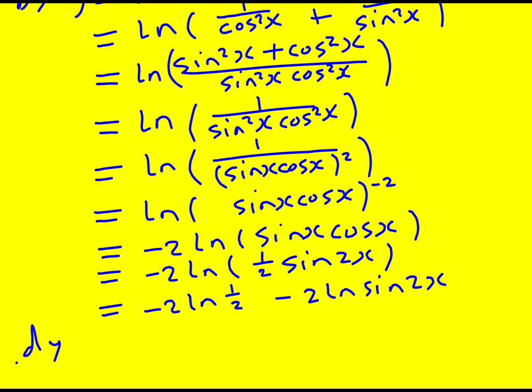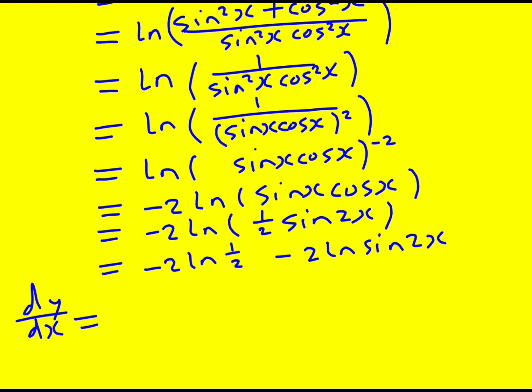So now dy by dx. The reason I've done this is that when I differentiate this, it just disappears. It's just to remind you that if you differentiate ln kx, you still get 1 over x, because you can either separate it as ln k plus ln x, or you can use the chain rule: you differentiate kx and get k, so k over kx simplifies to 1 over x.